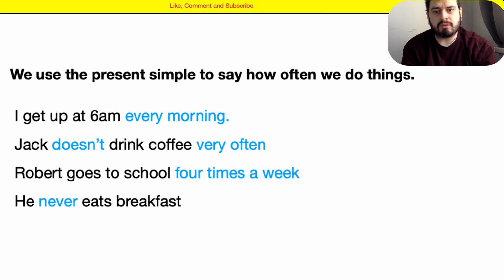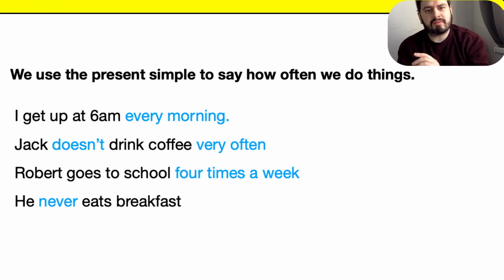We also use present simple to say how often we do things. This is an intermediate class, so we don't really want to go through too much of the beginner stuff like always, sometimes, often, never. Yes, it's something you learn in the beginner class, but we can use present simple like we did in the beginner class to say how often we do something.